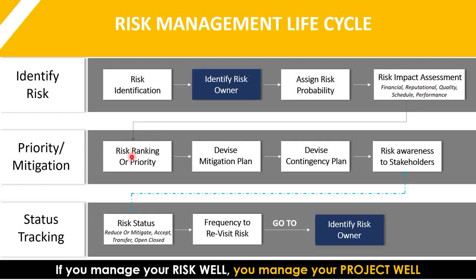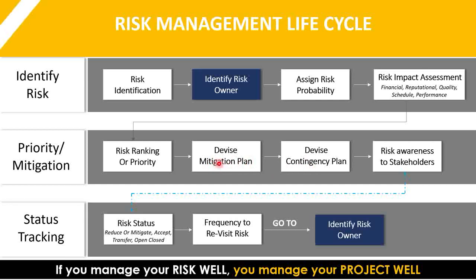Now comes the second part, where I have to give a ranking or priority to the risk, because there could be more than one risk. There could be 5 risks, 10 risks, 20 risks, or even more. So you have to give a ranking to them so that in the same order you can actively work on those risks. Now comes the very important part of risk management: the mitigation plan and the contingency plan.